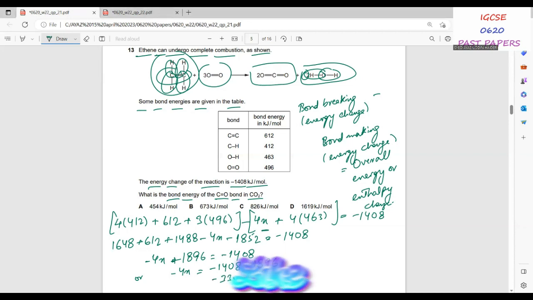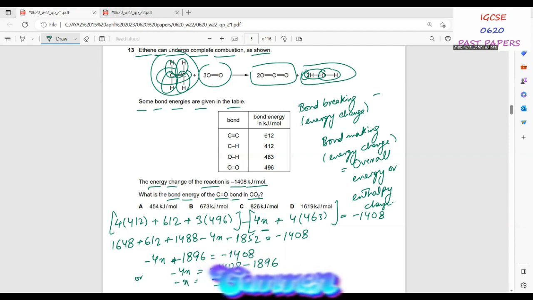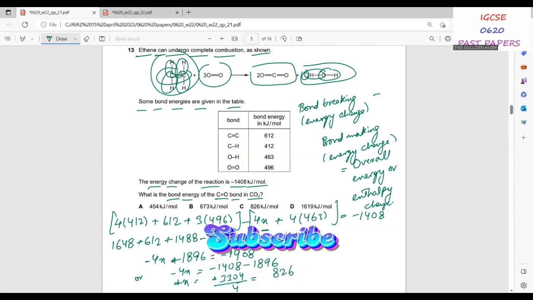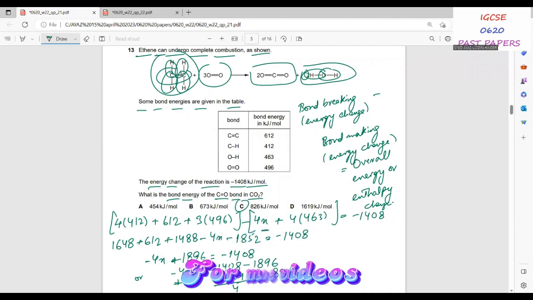So minus x is equal to minus 3304 divided by 4. 3304 divided by 4 is 826. It should be plus, the reason is that both sides carry a minus sign. So 826 means C will be the right answer for this question.